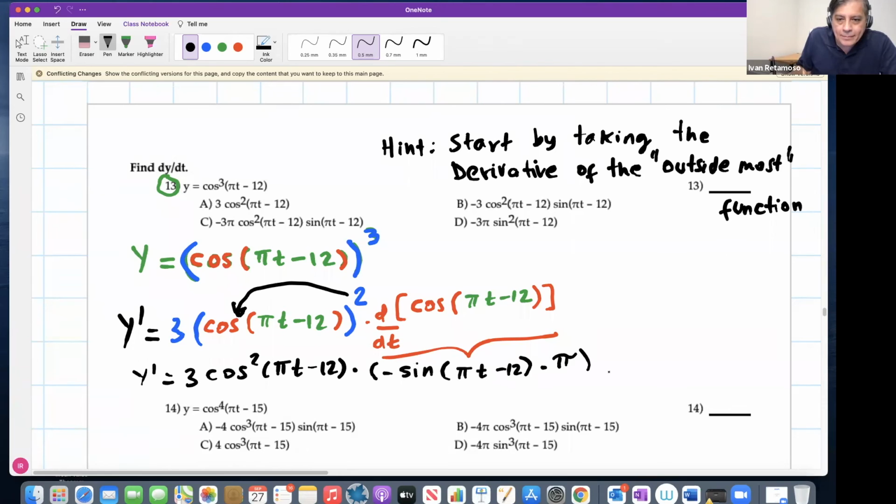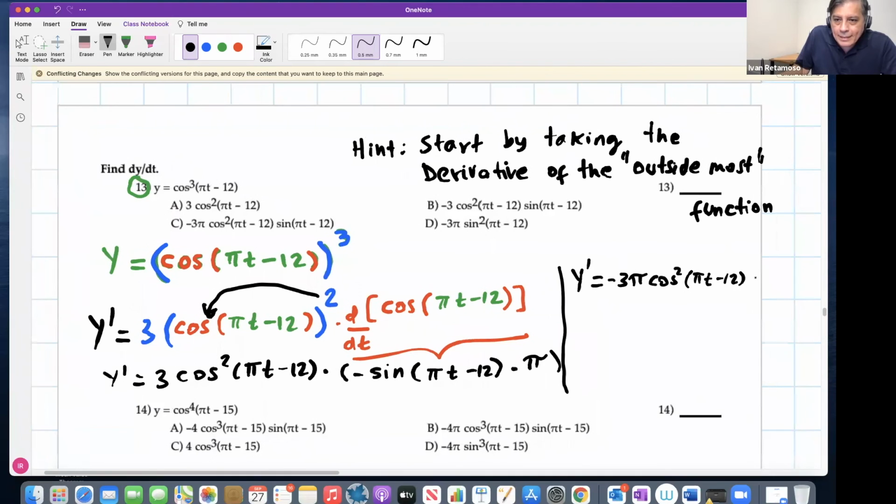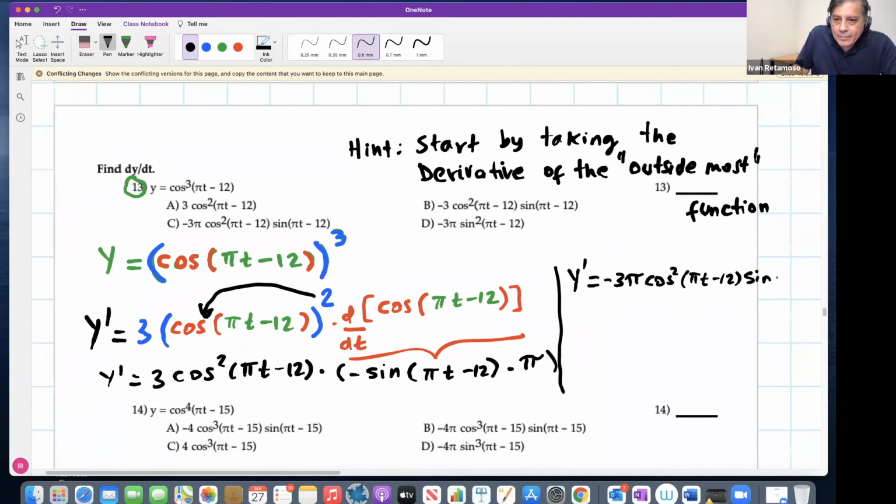Now just clean up and we get that y prime equals 3 times negative 1 times pi, negative 3 pi, the constant up front, followed by cosine squared of pi t minus 12 times sine of pi t minus 12.